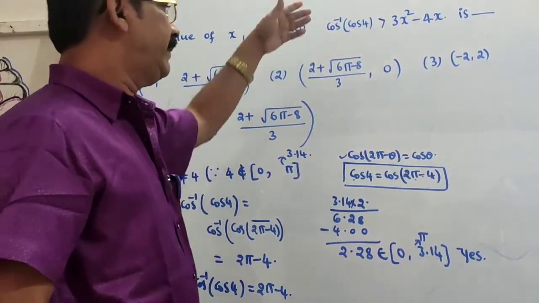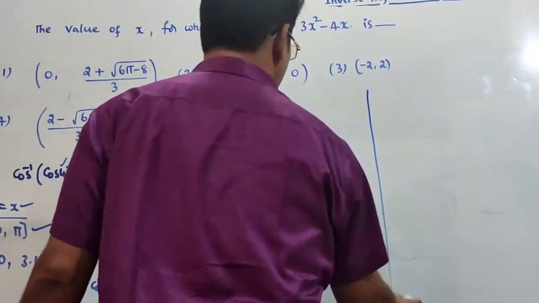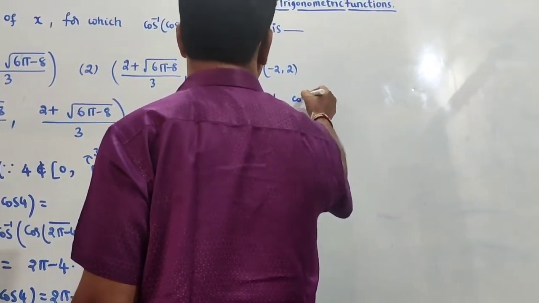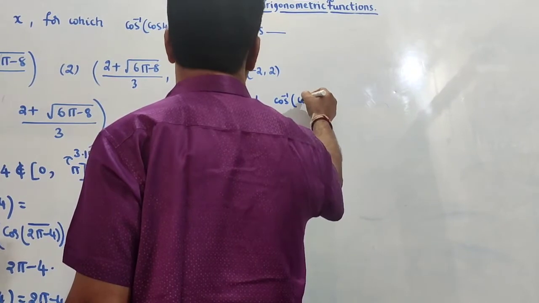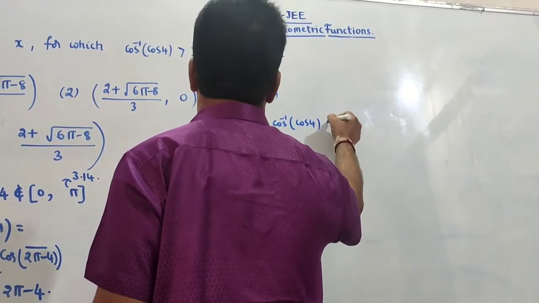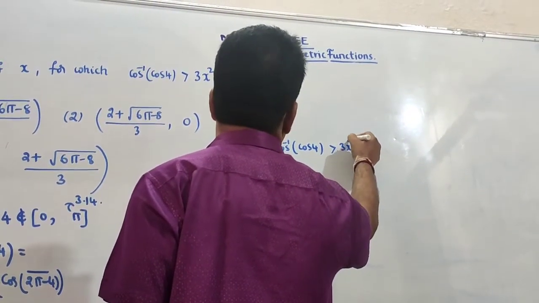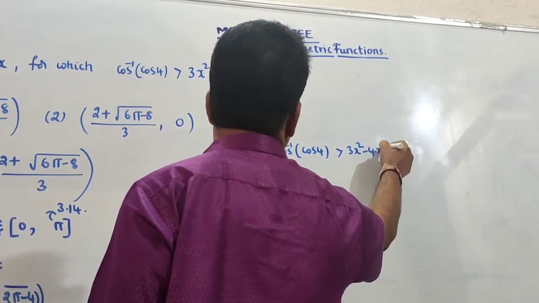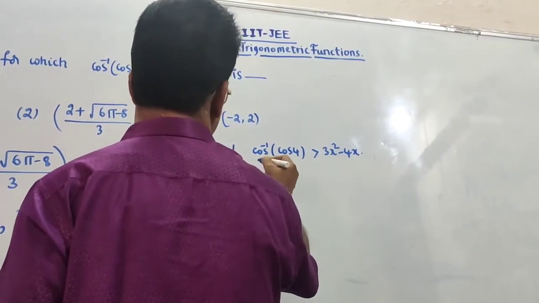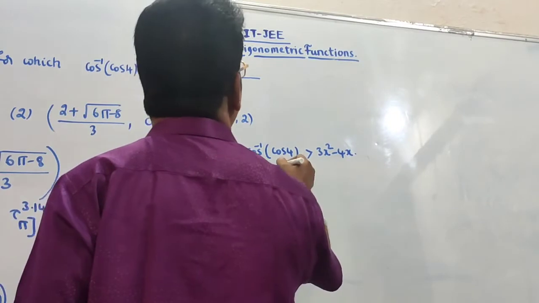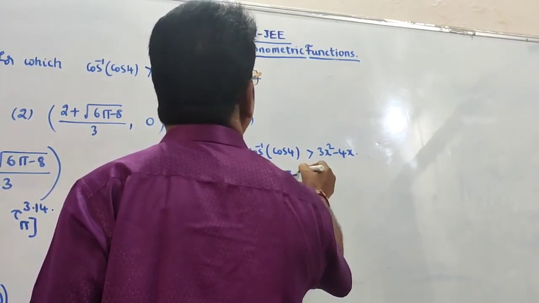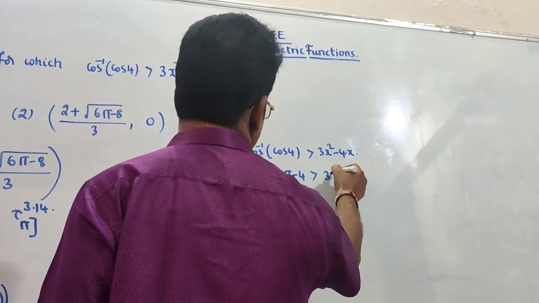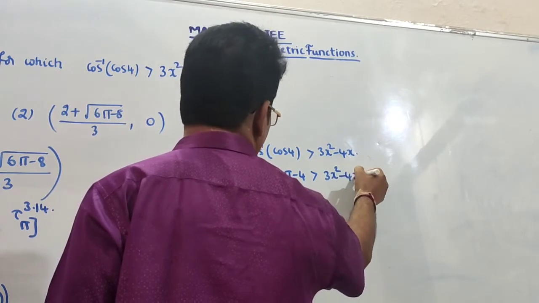Now come to the given inequality. Cos inverse of cos 4 is greater than 3x square minus 4x. So cos inverse of cos 4 is 2 pi minus 4. It is greater than 3x square minus 4x.